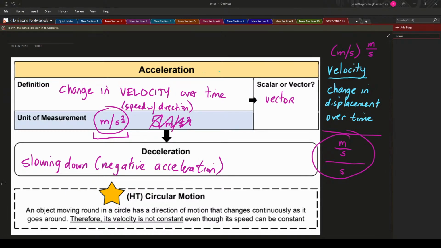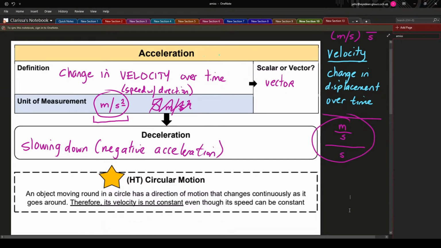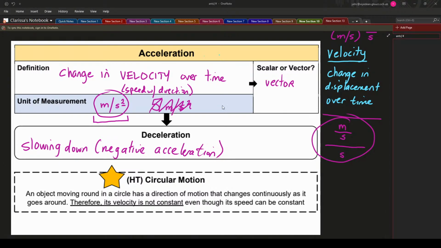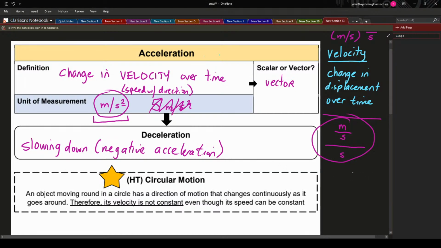So just a quick point I want to make to the higher tier students. This won't take very long. Let's say that we had a circle, and we had a little particle or a dot moving around the circle. So it's moving around until it reaches its starting point.